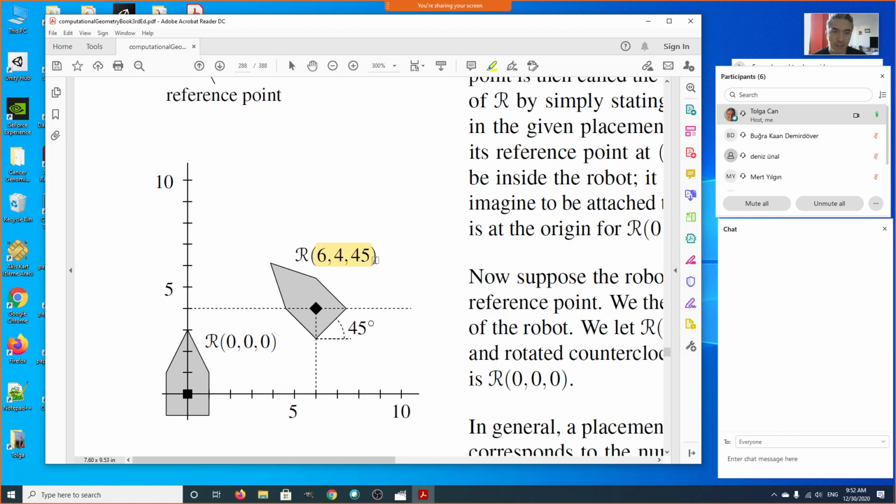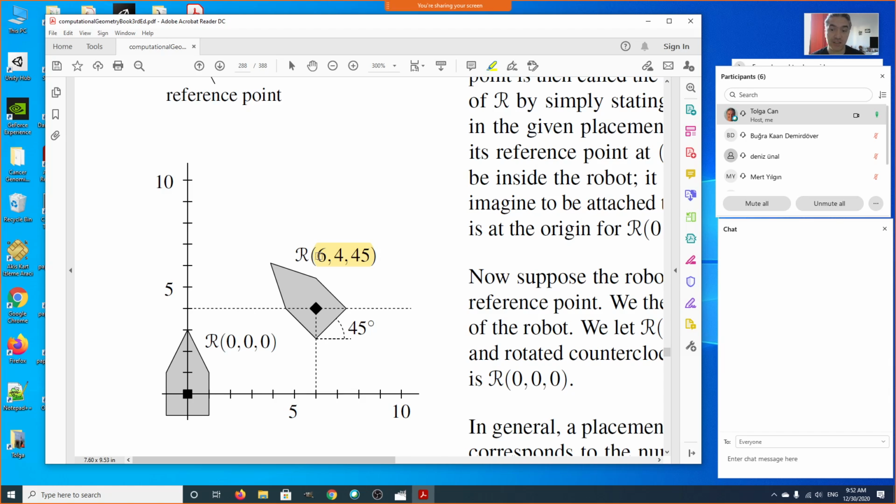But in three-dimensional robotics, for example, it's very difficult to visualize the configuration space, because you may have a 6 degree of freedom robot in which the robot's current position may be indicated with 3 values, x, y, z coordinates, and the orientation of the robot in 3 dimensions may be given with Euler angles or pitch, yaw, and roll angles, which are 3 angles.